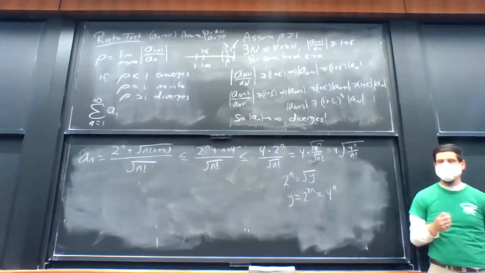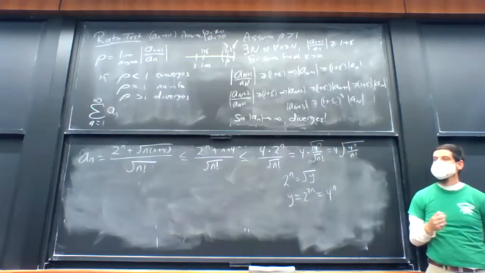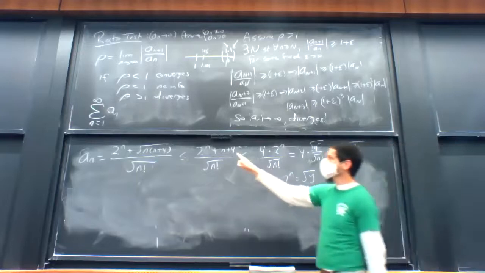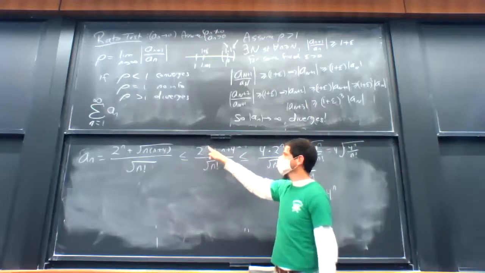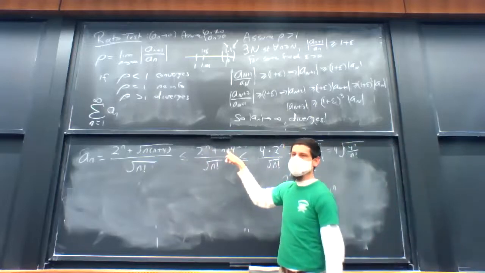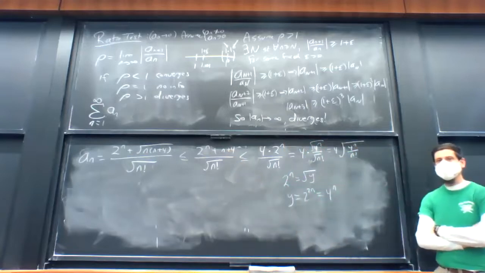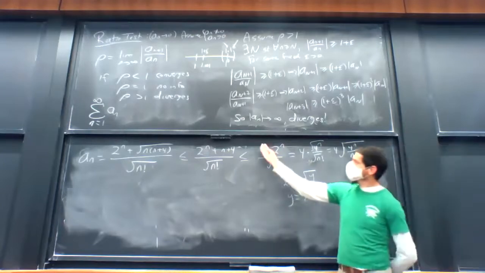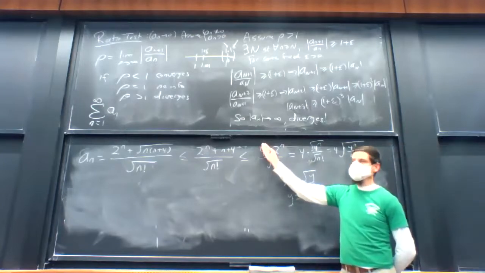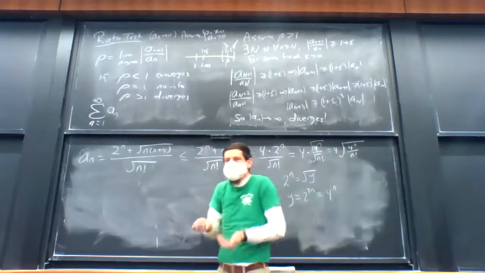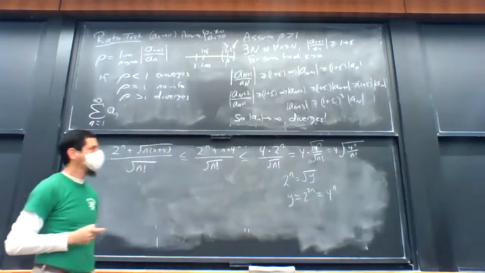Why are we multiplying by 4? Because I want to be safe. When n equals 1, which is larger, 2 to the 1 or n plus 4? N plus 4 is larger. So I have to put a little fudge factor if I want this to hold for all integers. Even if I didn't put in the factor at all, it's no longer correct because the n plus 4 makes it a little bit higher.